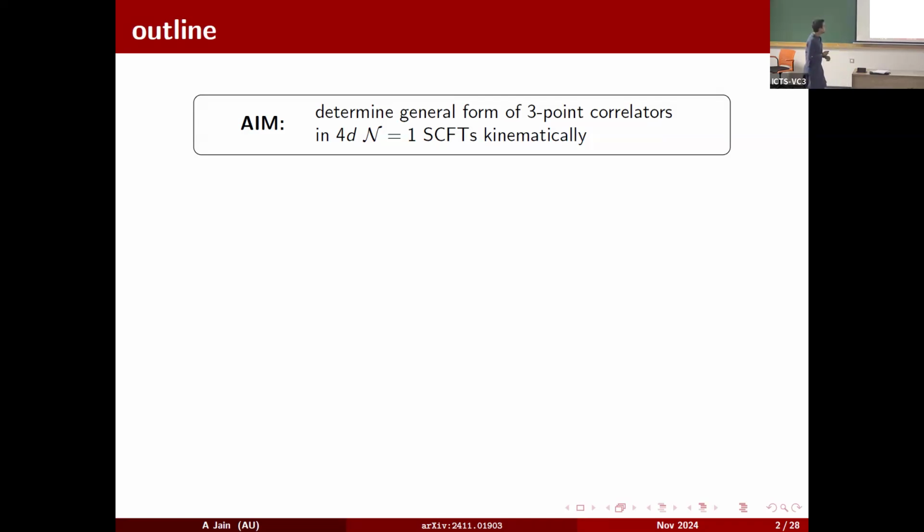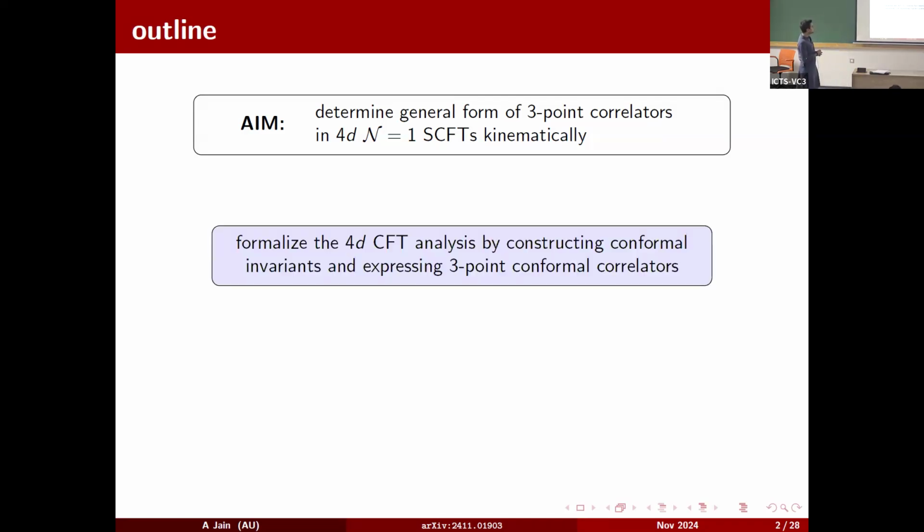To do this, we first formalized the 4D CFT analysis. We looked at how 4D conformal symmetry constrains the theory and the 3-point correlation functions, and we do so by constructing so-called conformal invariants.